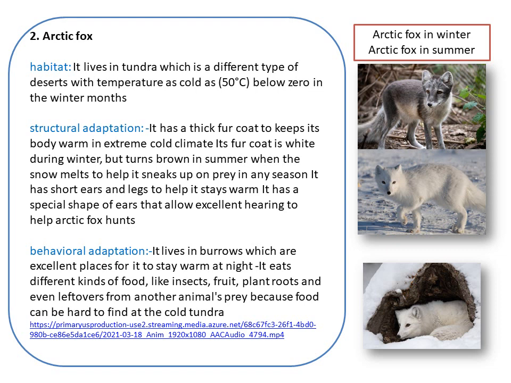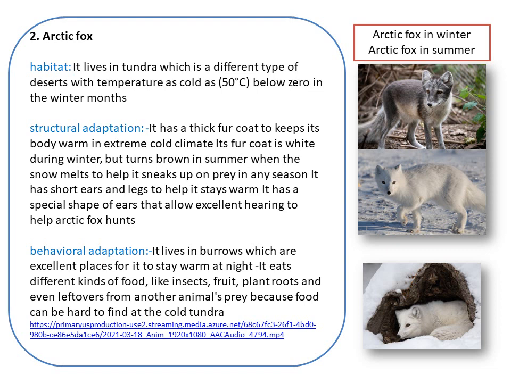They use two different types of adaptation as well, structural and behavioral. The structural here, as we said, is found in the body of the animal. So they have a thick fur coat to keep the body warm in extreme cold climate. Its fur coat is white during winter.